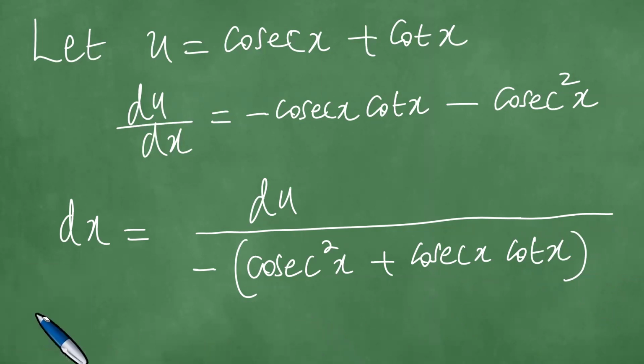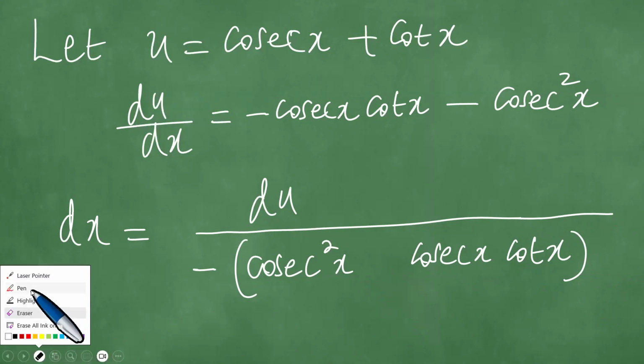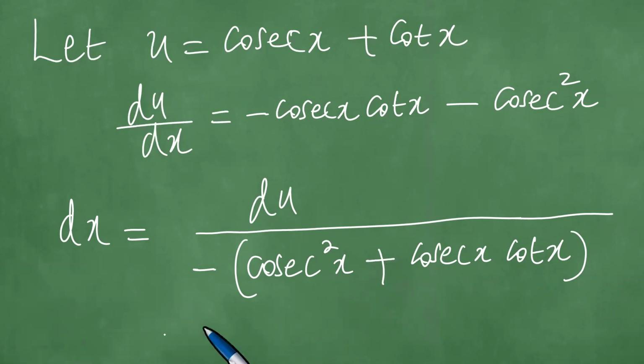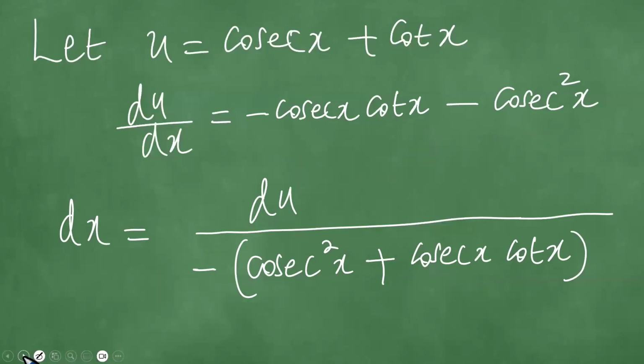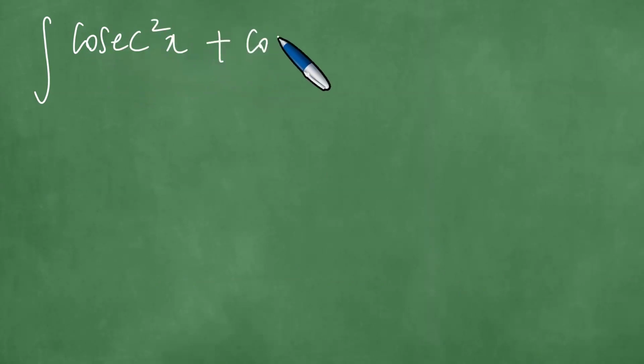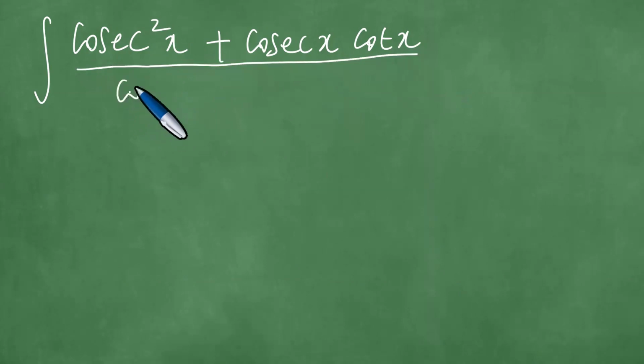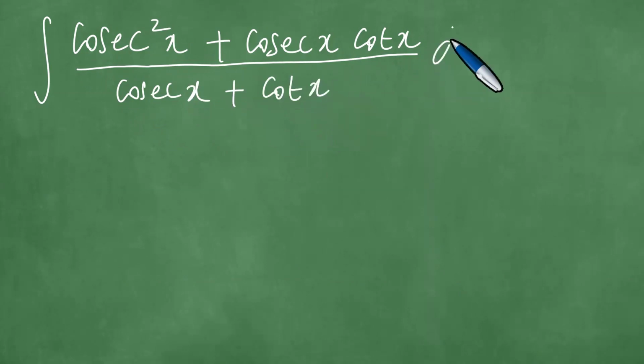And upon careful examination of this, we're able to perform substitution of these into the previous step, this particular step. So we carry this step forward, right? So we proceed to write the integral of cosecant squared x plus cosecant x, the cotangent of x, divided by the cosecant of x, the cotangent of x, dx.